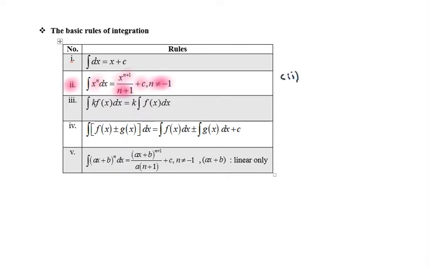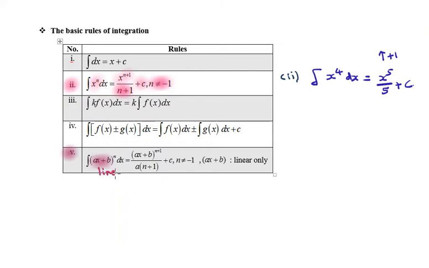For instance, rule number 2, we integrate, let's say x power 4 with respect to x. When we integrate, we increase the power by 1. So we have x power 5 and then divide by 5 plus c.